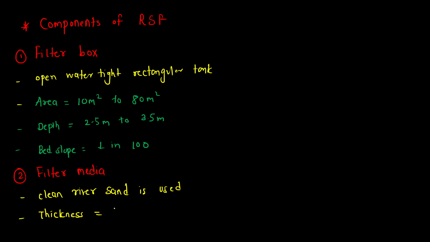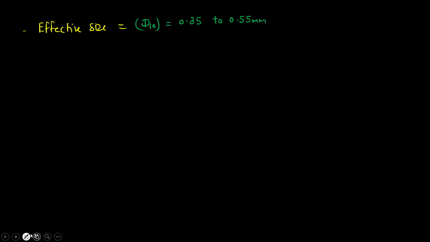Thickness should be 60 centimeter to 90 centimeter. What is the effective size? Effective size of particles is denoted by D10. So what should be the value of D10? It should be 0.35 to 0.55 mm. In case of slow sand filter it was 0.2 to 0.35 mm.